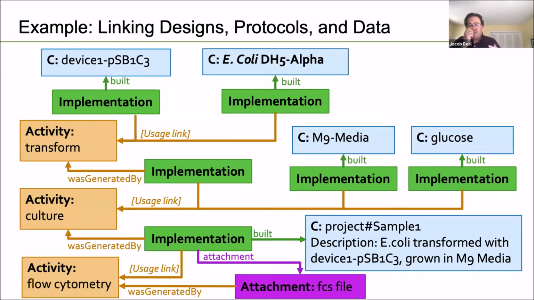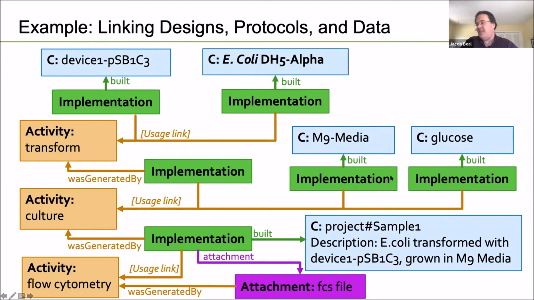And in fact, we can use these provenance classes to link throughout the design-build-test loop. So say the transformation that went from my built plasmid into the DH5 alpha in order to actually generate my transformed strain, the culturing that I do on that transformed strain by putting it into the sample design that I've designed in order to actually produce that sample.